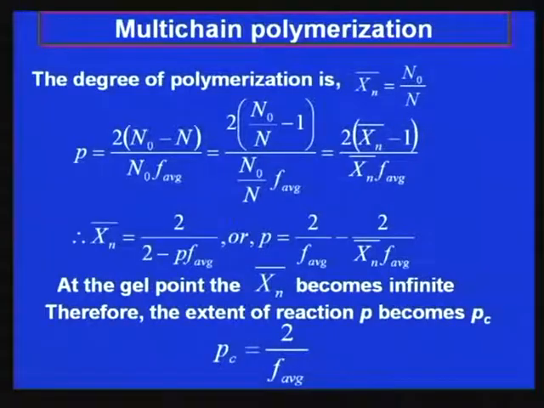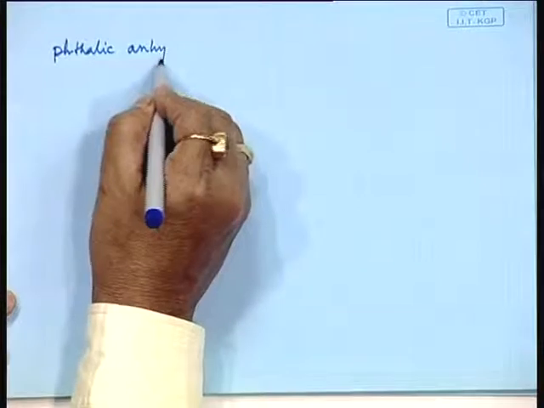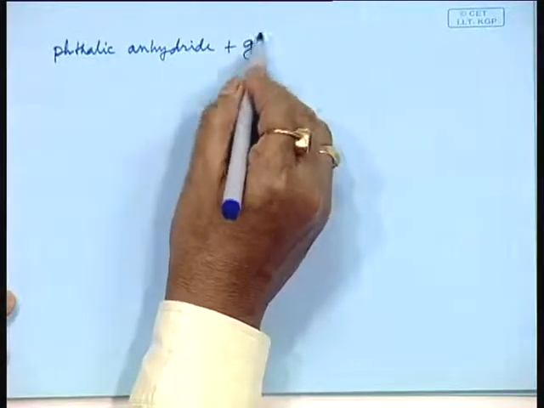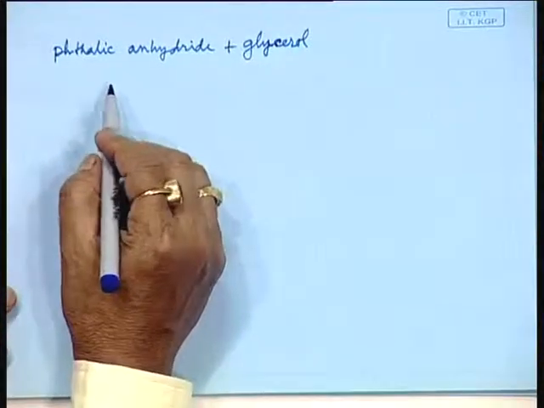Now, for the sake of calculation of the amount of reactants to be used for such polymer synthesis, we have to consider the average functionality, the average number of functional groups present in the reactant system we have taken. For example, if you polymerize phthalic anhydride and glycerol, what is the formula of phthalic anhydride?